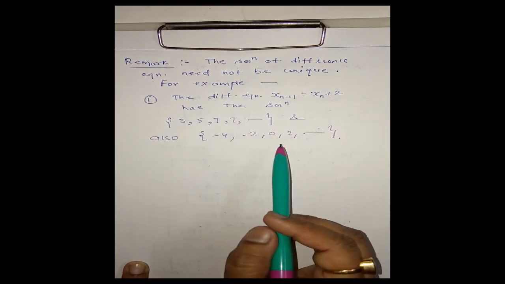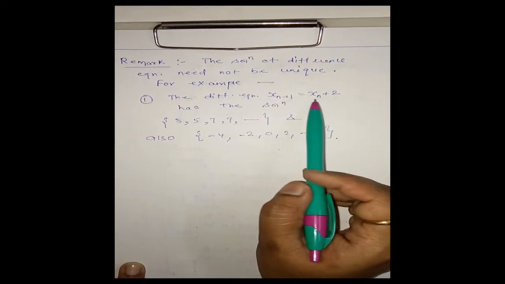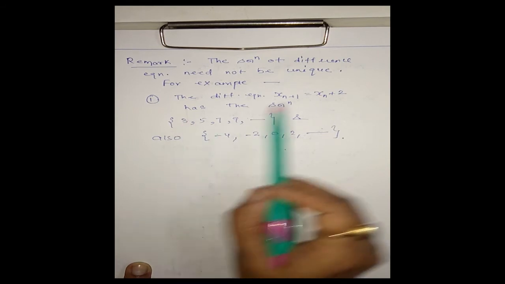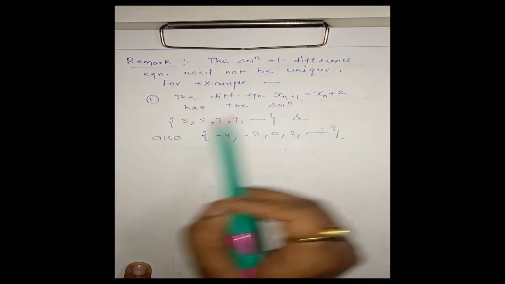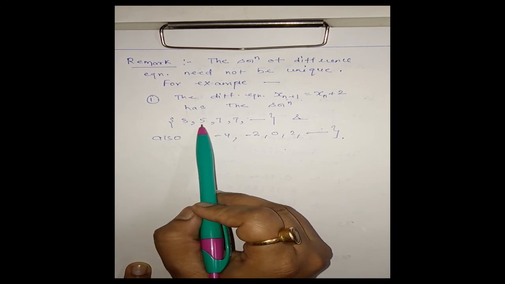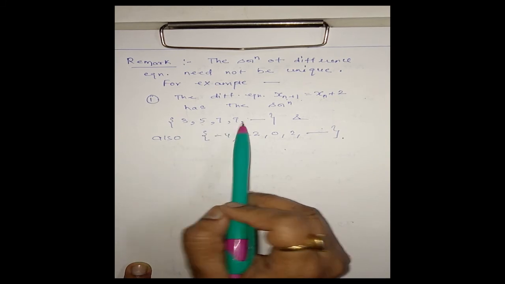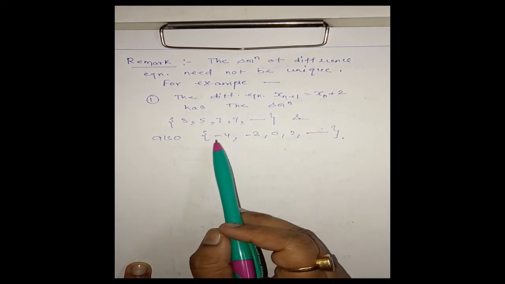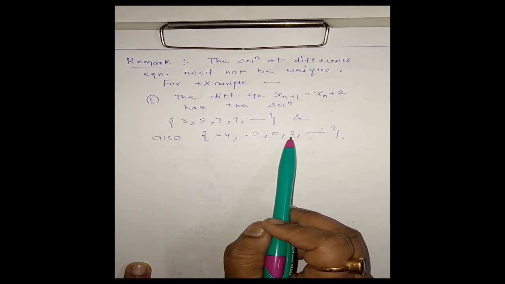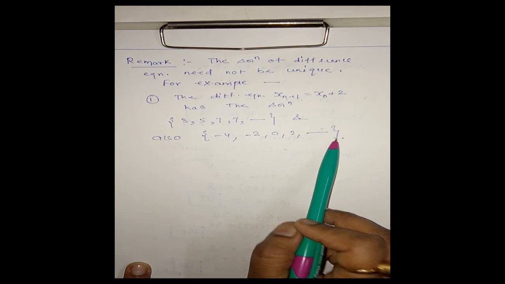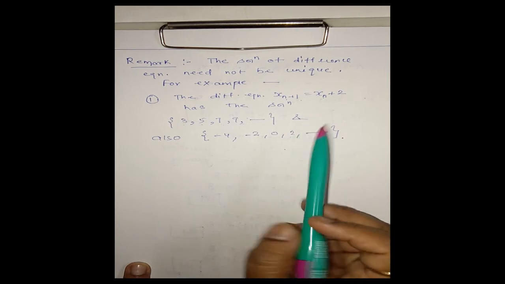This is the solution and this is also the solution. See here, we have xn plus 1 is equal to xn plus 2. 3 plus 2, 5, 5 plus 2, 7, 7 plus 2, 9. That is the solution. -4 plus 2, -2, -2 plus 2, 0, 0 plus 2, 2. This is also a solution. So we have more than one solution.